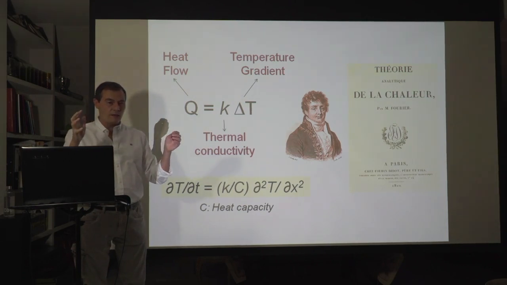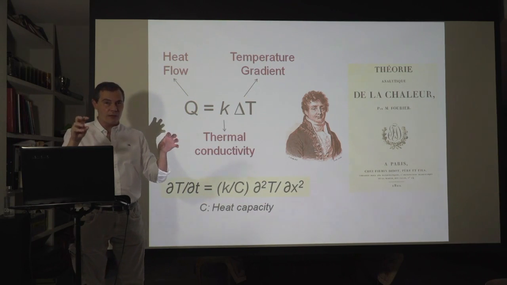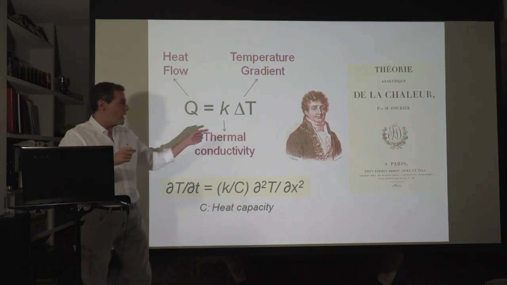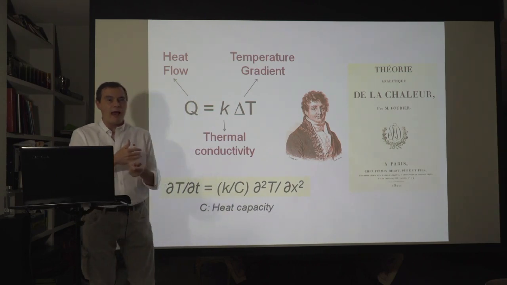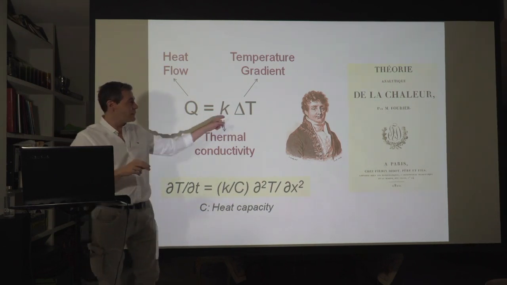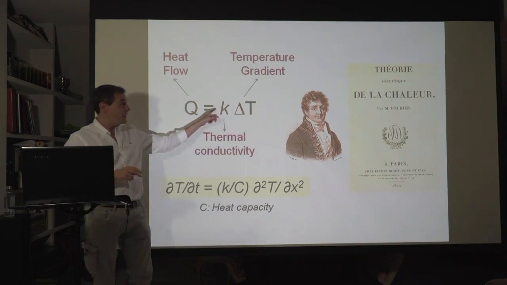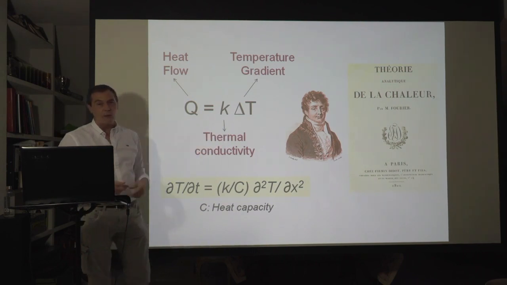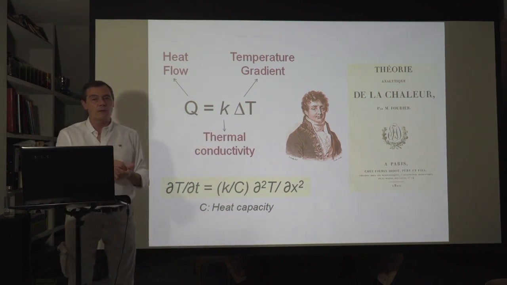If we have a very high temperature difference, the heat flow is very fast. If we have a material, for example, if I have steel, the heat flow is faster than if we have wood. Okay, so there are two things: the temperature difference, and the material itself. And the material has this property, the thermal conductivity. Each material has a thermal conductivity.